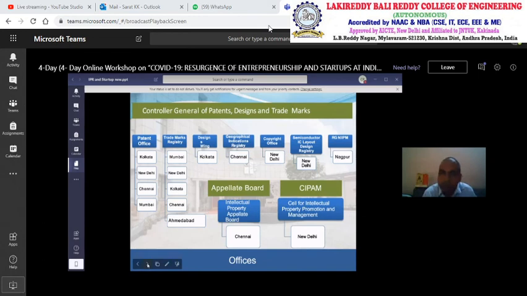Suppose some people at the university want to file a patent. A patent is a techno-legal document, and not everybody is an expert in drafting that document. So we are providing training in Nagpur.